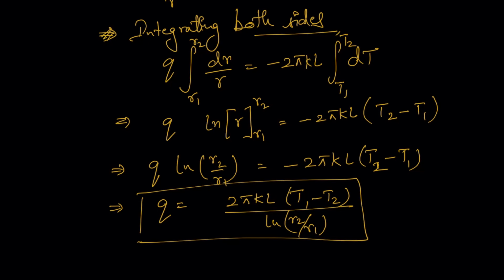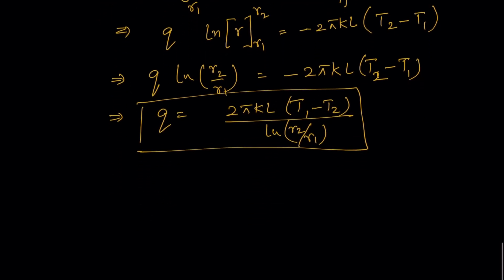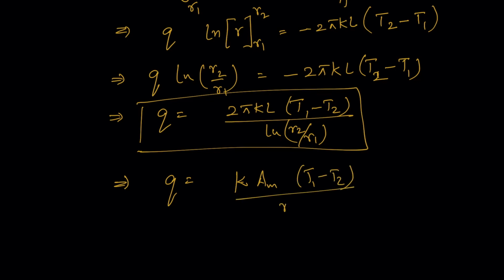Okay, if you want to write in the form like we have written for the plane wall, you can write q equals k Am T1 minus T2 divided by r2 minus r1. You can write like this also, right?